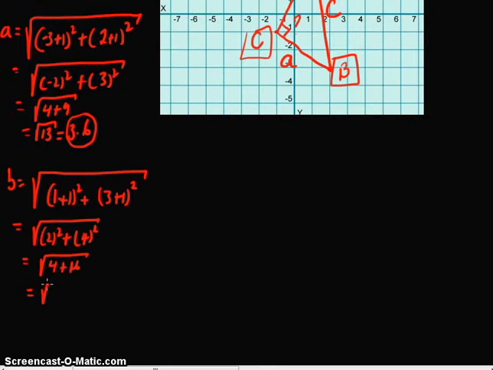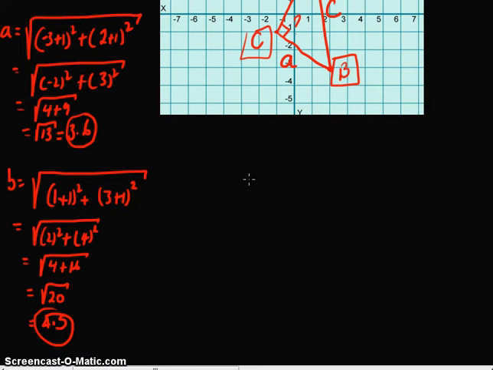That gives us the square root of 20. It's not a perfect square, so roughly the square root of 20 is going to be about 4.5. And then we have b.